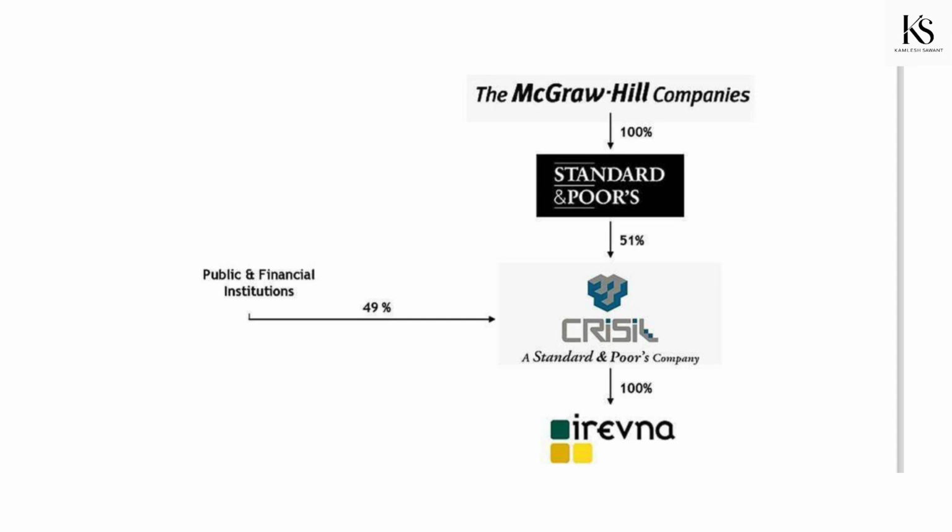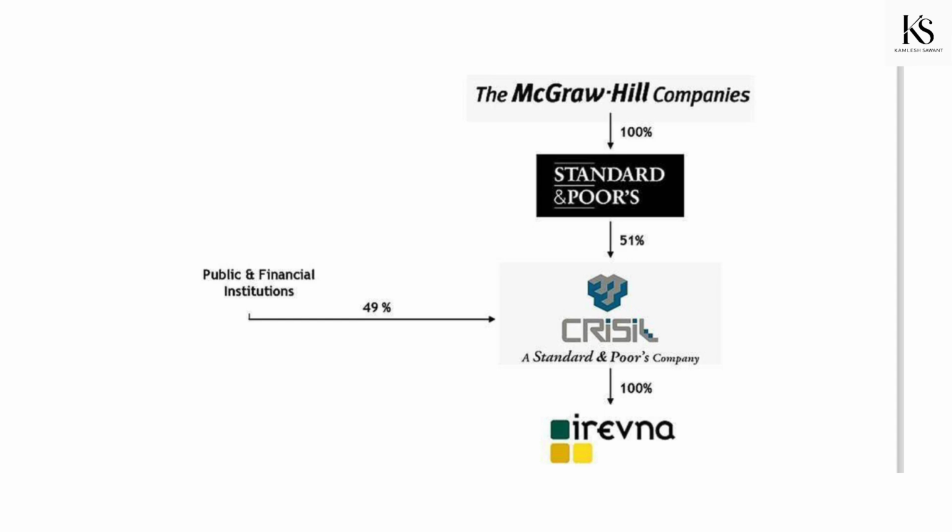As you can see in the above shareholding structure, Standard & Poor's, S&P, a US-based rating agency, holds a 51% stake in CRISIL. Hence, S&P is the holding company or the promoter of CRISIL. The balance 49% shares of CRISIL is held by the public and other financial institutions.